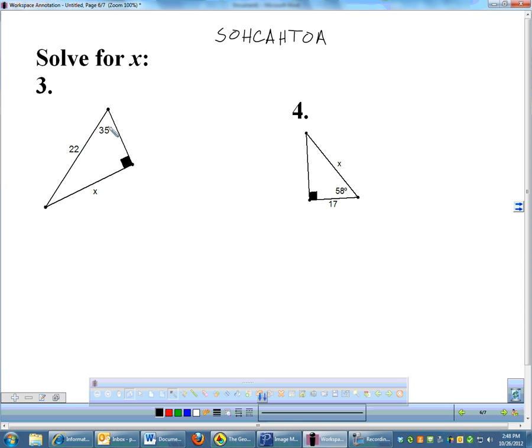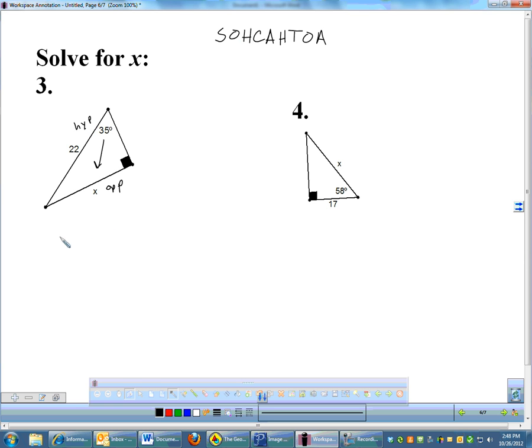So we have SOHCAHTOA. And I'm looking here, I have an angle of 35, and I look at what the 2 sides are that we're dealing with. We have the opposite and the hypotenuse. So which trig function can I use if I have opposite and hypotenuse? Opposite and hypotenuse, that's sine.